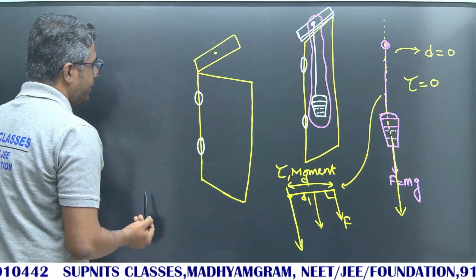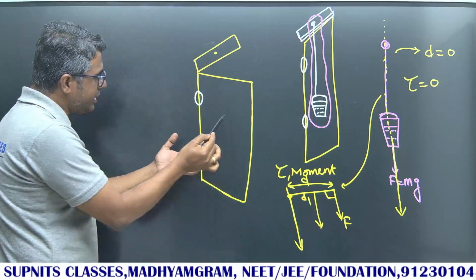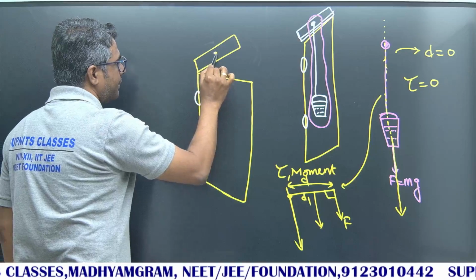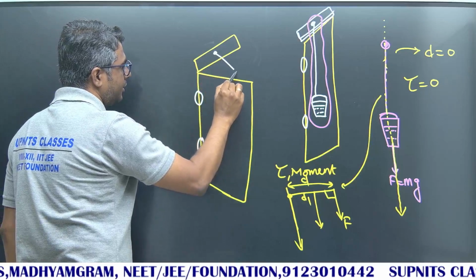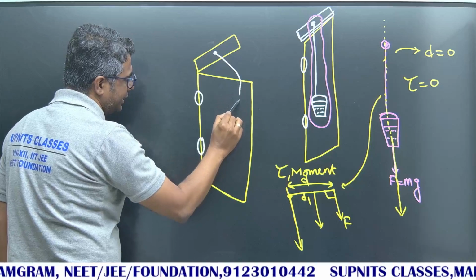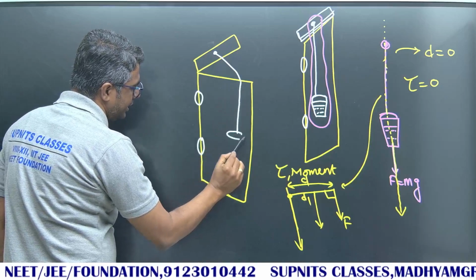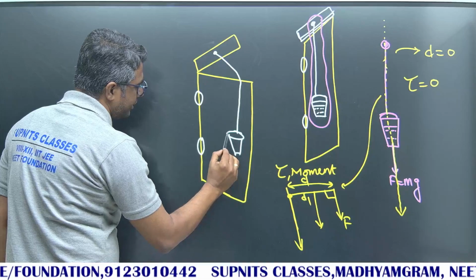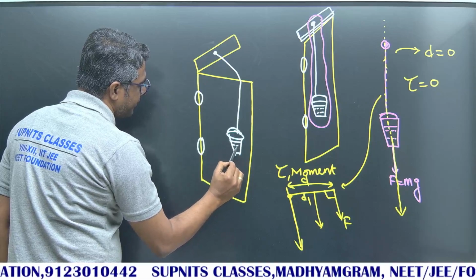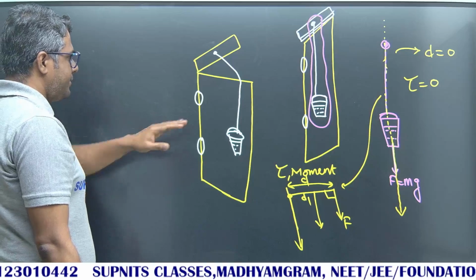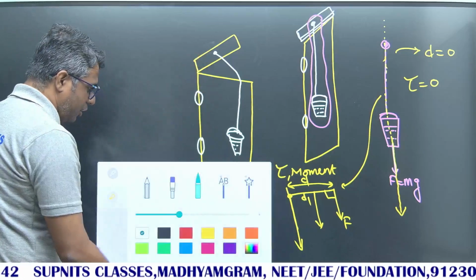Okay. So, this is the condition right now, the door is opened. From here, the rope is having this kind of turn and here is the tumbler with water.